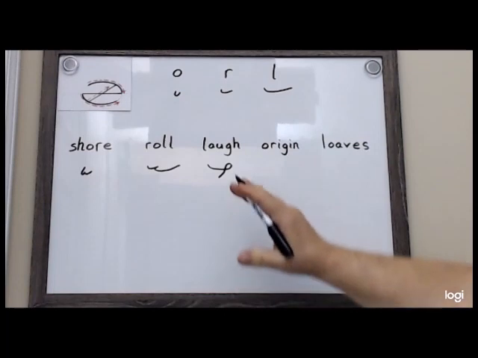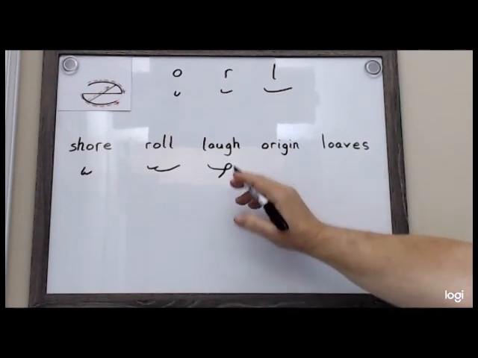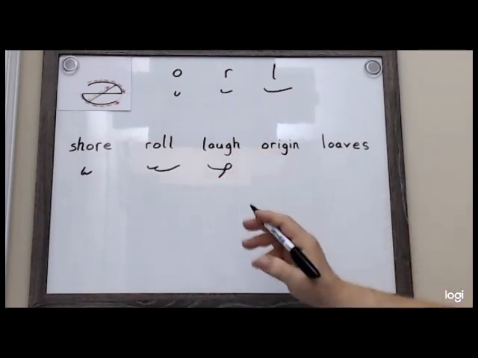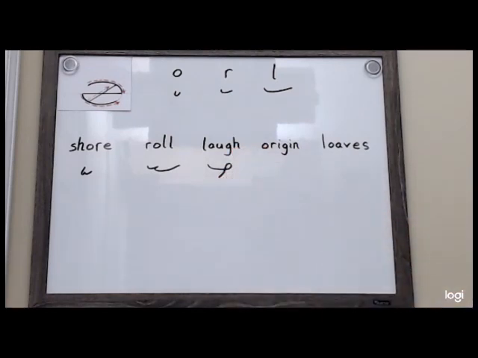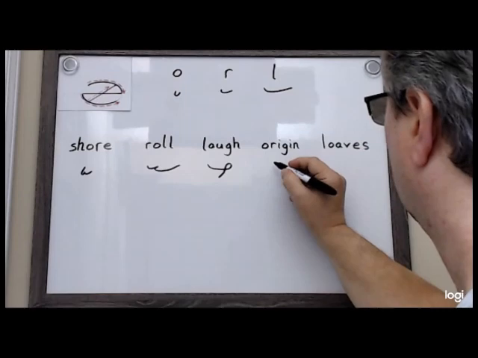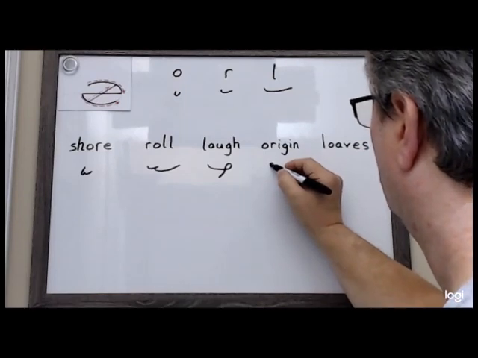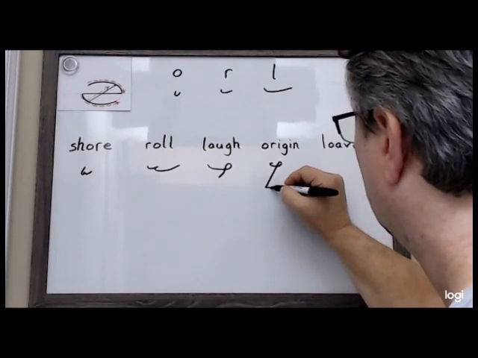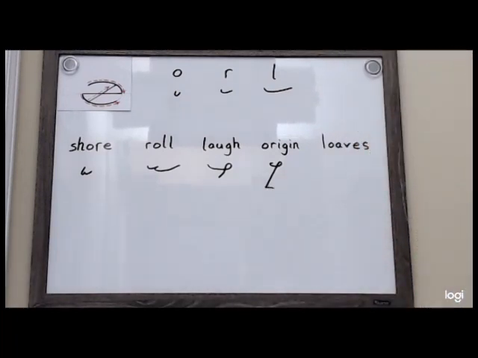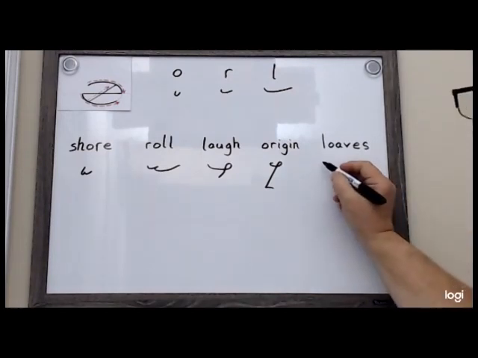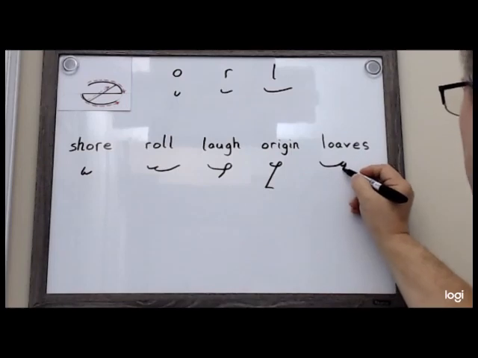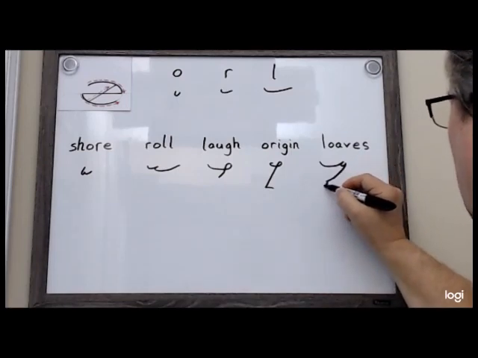And remember, written phonetically, so it's A, F for the GH here, but it's the F sound. The word origin is O-R-I-J-N. Then the word loaves is L-O-V-S.